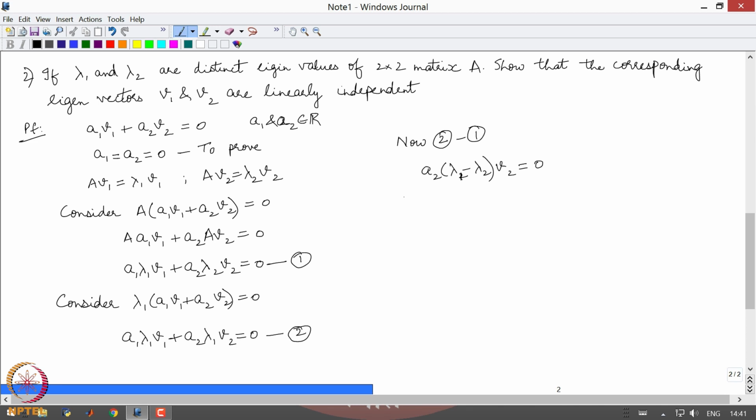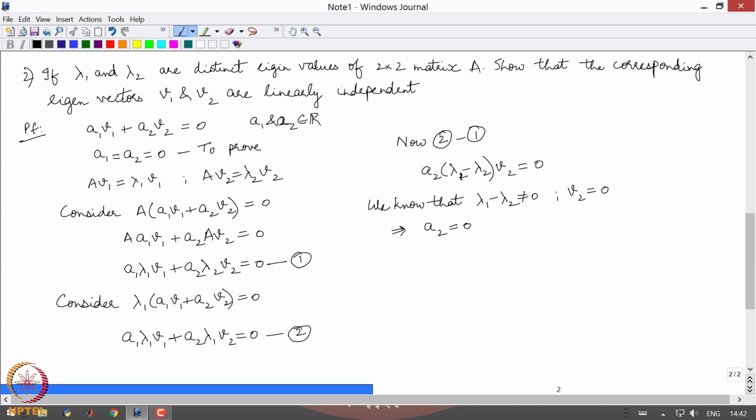Now, we know that lambda 1 minus lambda 2 is not equal to 0, because that is the assumption that we started with, that they are distinct, and also V2 is not equal to 0, because it is an eigenvector and it cannot be 0. So, the only way that this equation can become 0 is A2 being 0.